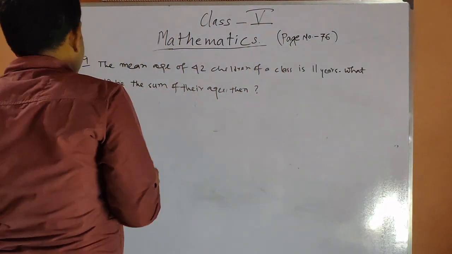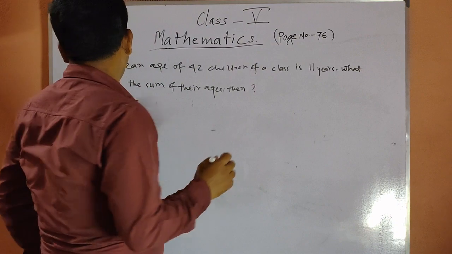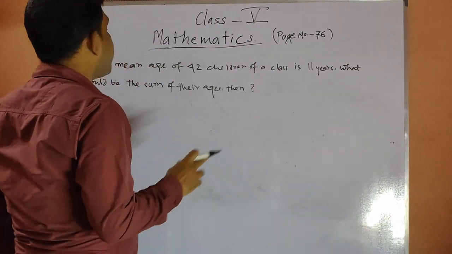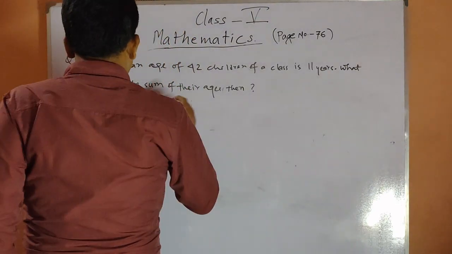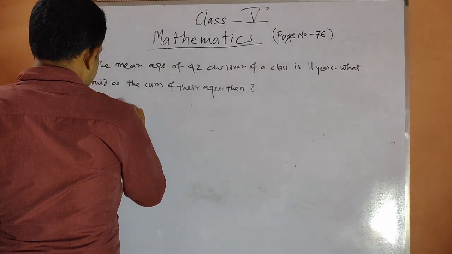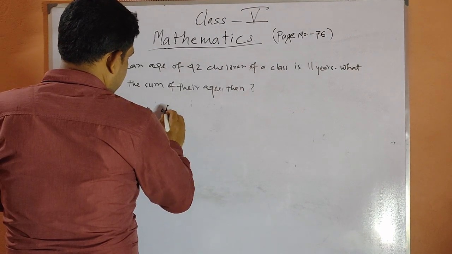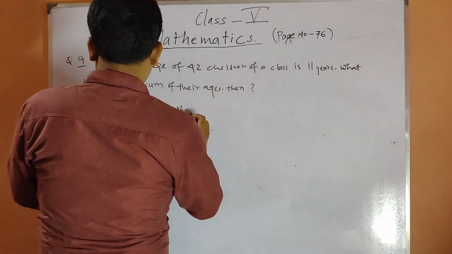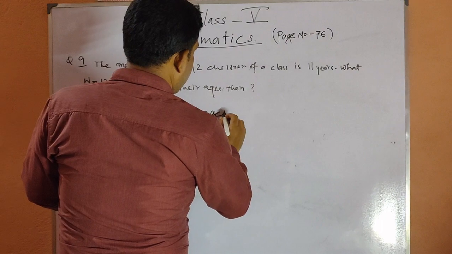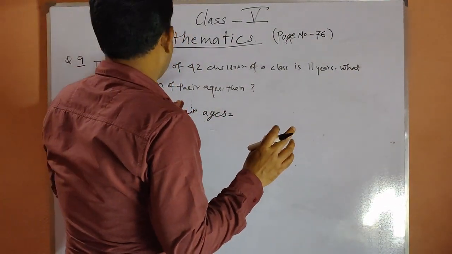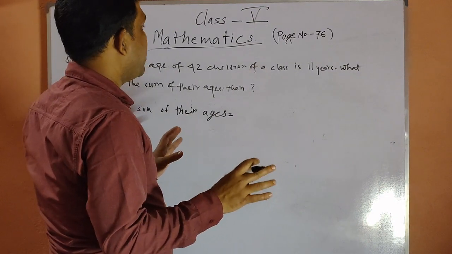Now question number 9. Okay, question number 9 is: the mean age of 24 children of a class is 11 years. What would be the sum of their ages then? That means mean age means the average age. The sum of their ages: if the average is given and the number is given, that means average age into number of children.